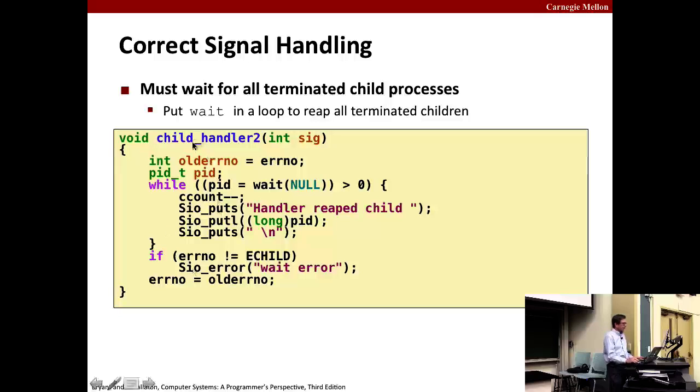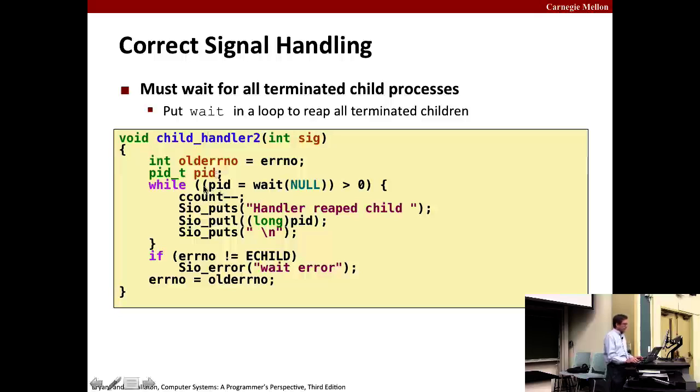To fix that, when we receive a SIGCHLD, we have to put the wait that's reaping our children in a loop. We have to assume that if we get a SIGCHLD, there could be multiple terminated children that we have to reap.